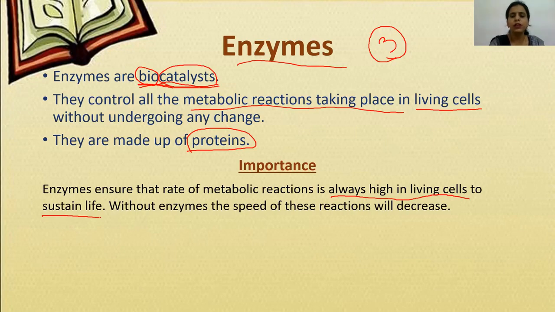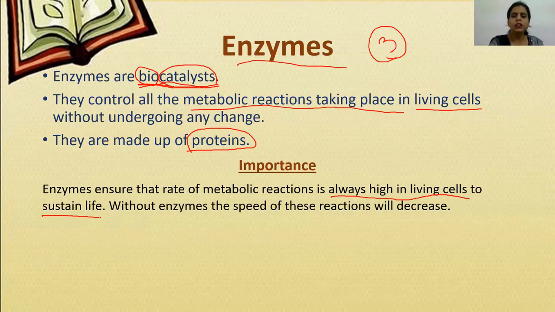The cell will function very slowly. Now, if the cell function is very slow, definitely the organism's body or organs will function very slowly. Hence, it will be difficult to sustain life. It will be difficult for that particular organism to stay alive.